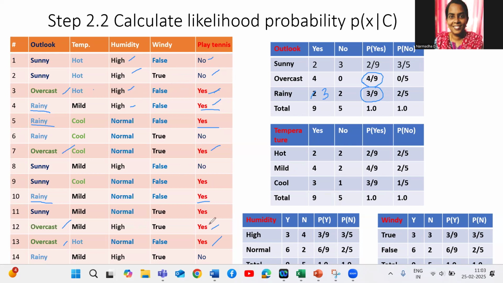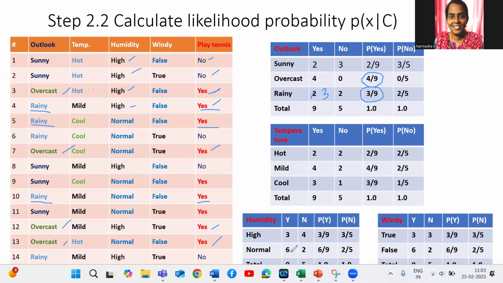So when the humidity is high, 3 days it is yes and 4 days it is no. So the probability of yes is 3 by 9, and the probability of no has to become 4 by 5.